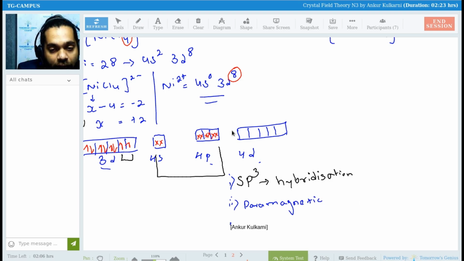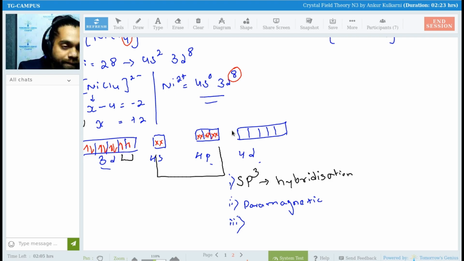Then next, after sp3 hybridization and paramagnetism, we have the magnetic property. What was the formula for the magnetic moment?